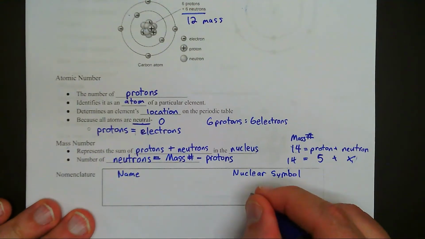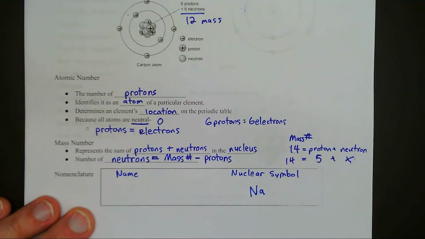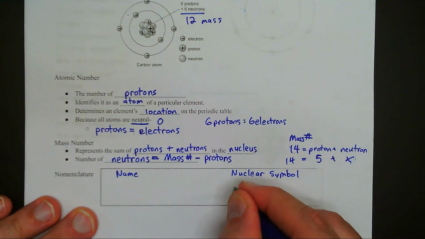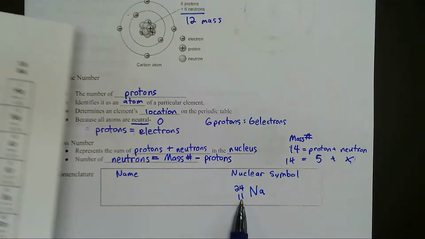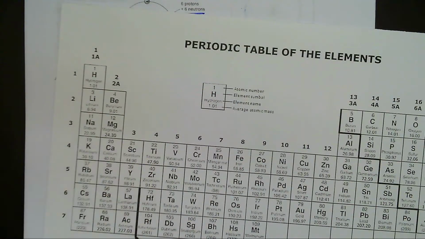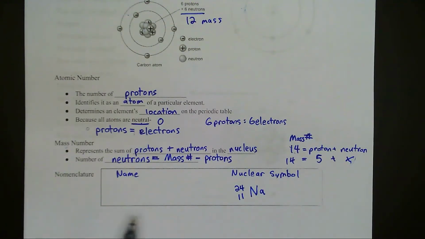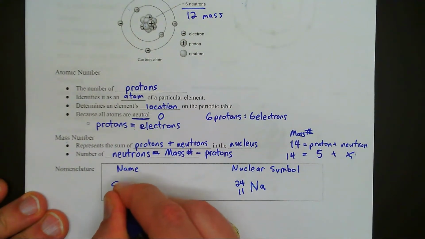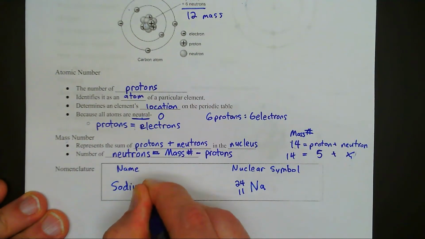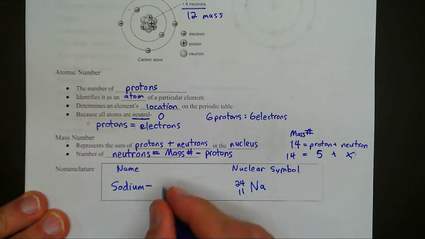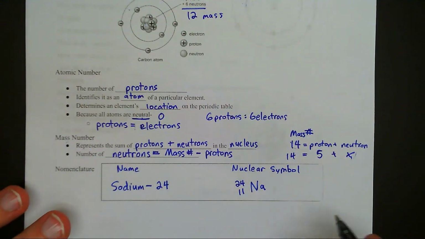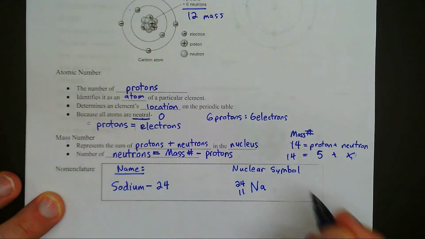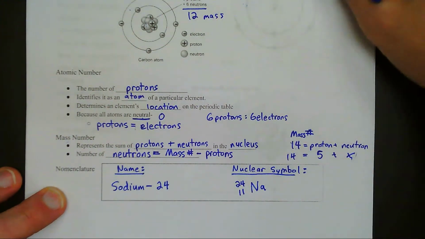So if I was to do the nuclear symbol, you would have Na as well as a couple numbers here. Let's say 24 over 11. Well, 11, guys, identifies how many protons it has. Okay. The other way to do it would be just by putting the name sodium followed by the mass number, which was 24. So, like I said, there's 2 ways to do this. You can put the name of it or the nuclear symbol.